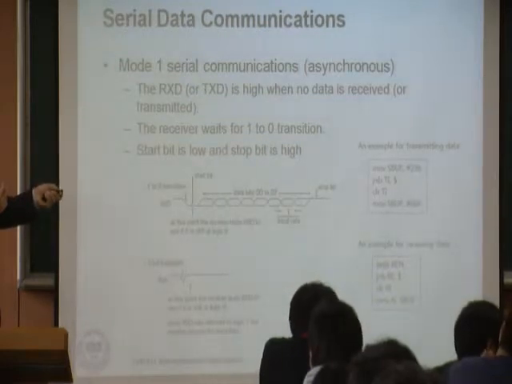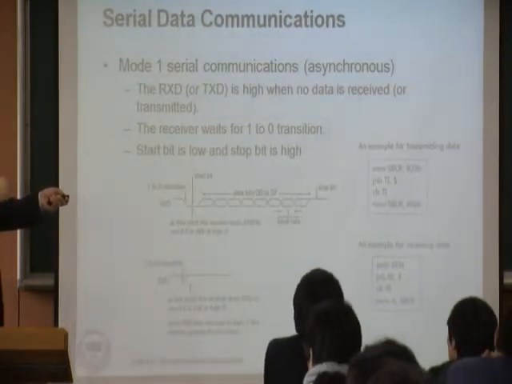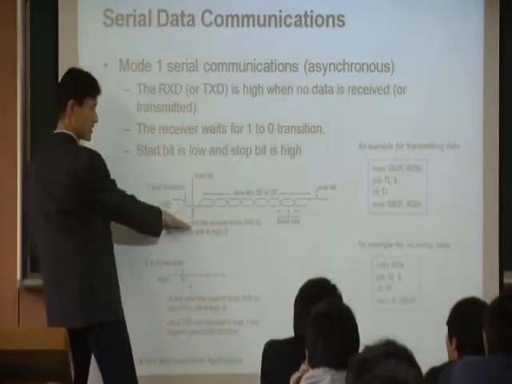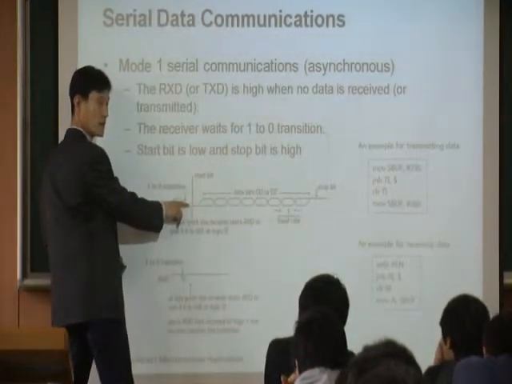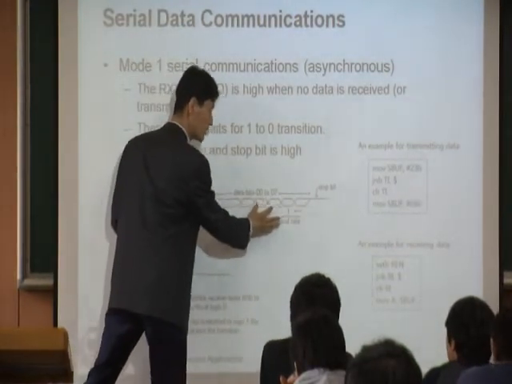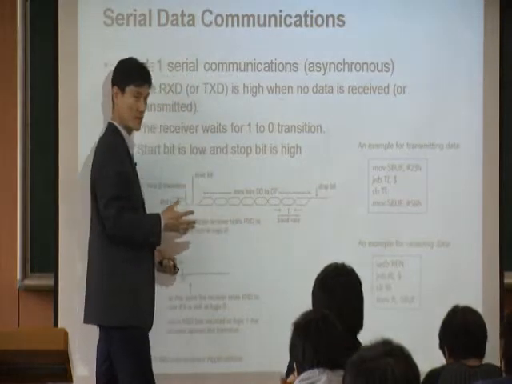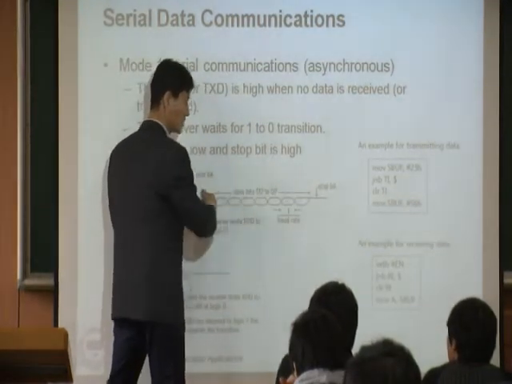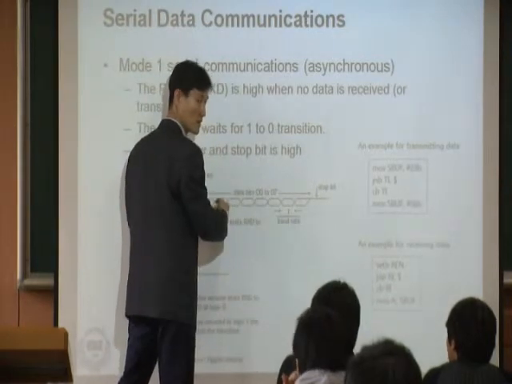The receiver waits for the 1 to 0 transition, high to low. Whenever you have this transition by the start bit, then it's time to receive the following 8 bits.